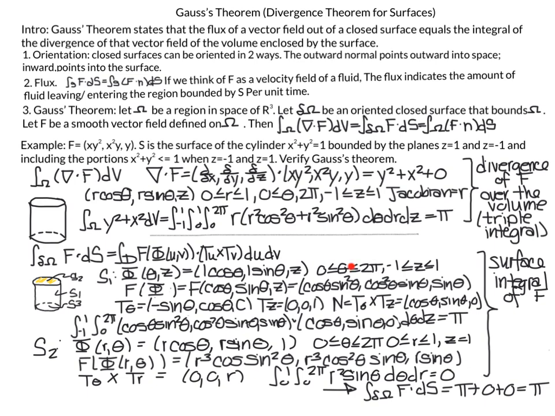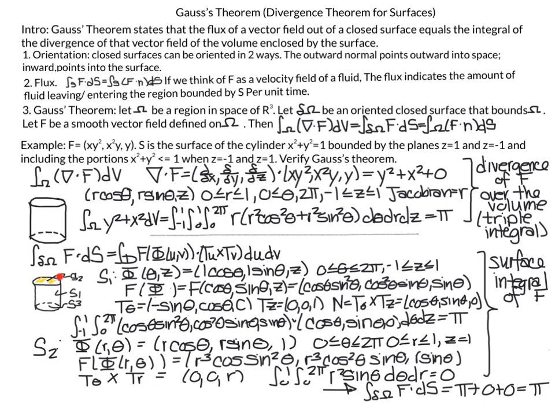So theta is going to be between 0 and 2 pi, and z is going to go between -1 and 1. And then I have my f composed of phi, which is cosine sine squared, cosine squared sine, and then sine theta, dotted with my normal, tu cross tv, which is equal to cosine theta, sine theta, and 0. And when I do this integration, I'll note that it is equal to pi.